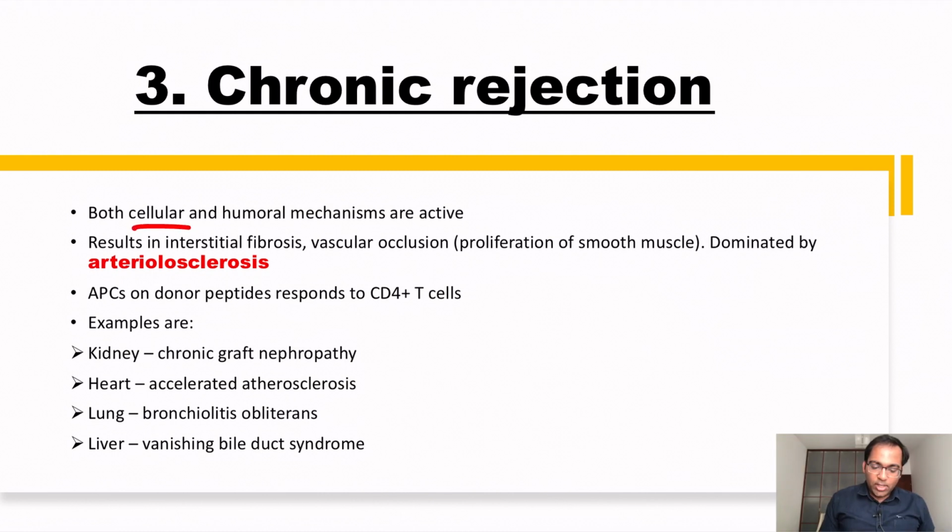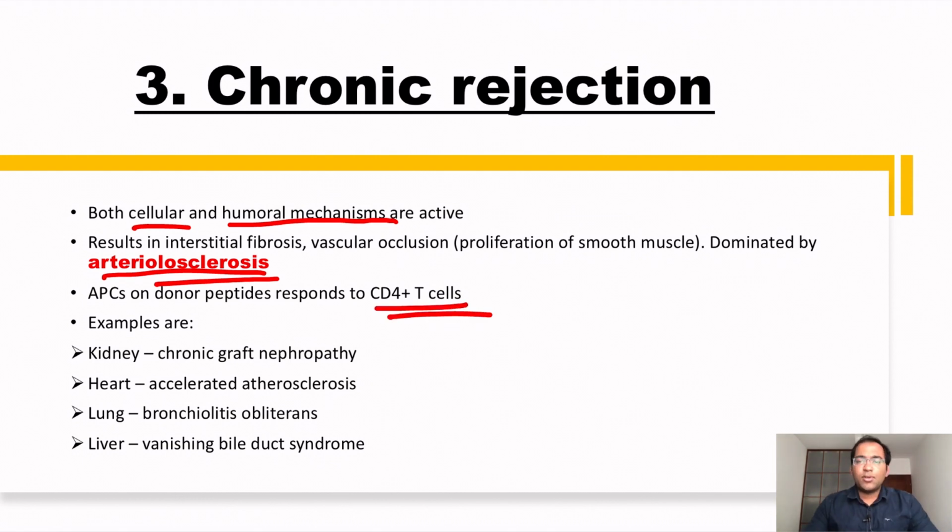Here we have both cellular and humoral mechanisms which are active, and the hallmark of this rejection is arteriolosclerosis. Now what is arteriolosclerosis? It is basically thickening, hardening and loss of elasticity of the vessel wall. So the vessels become very thick.